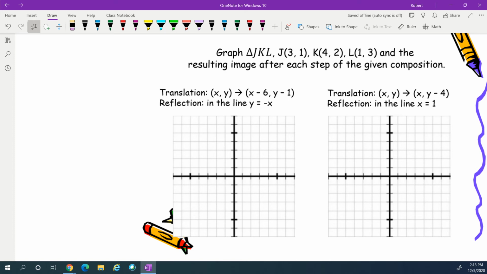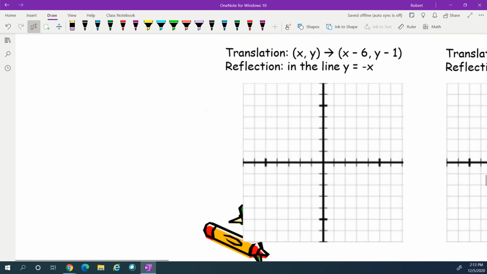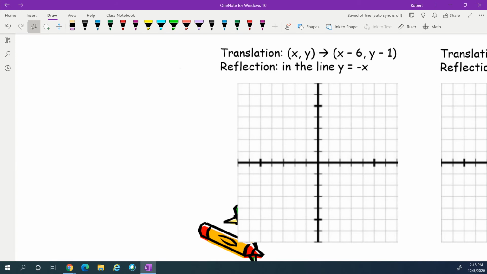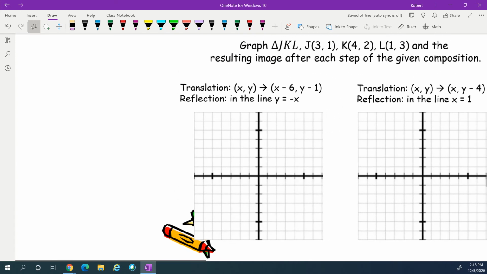Here we're asked to graph the triangle and its image after each step of the composition. So let's do number 1. Let's do the first one here. Sorry. We need the original. Right there. So again, I'm just going to copy those points. J is at 3, 1.